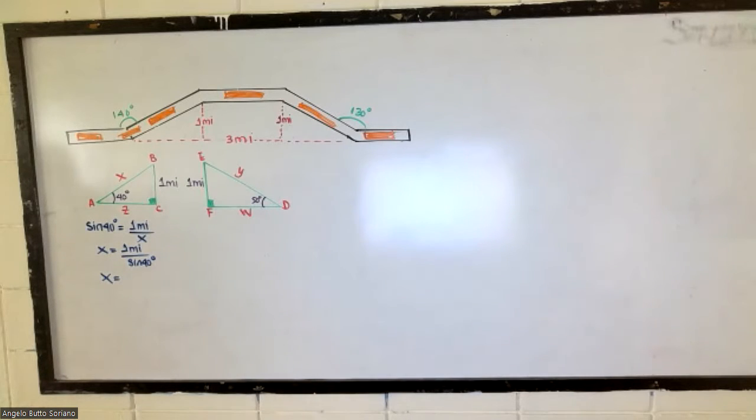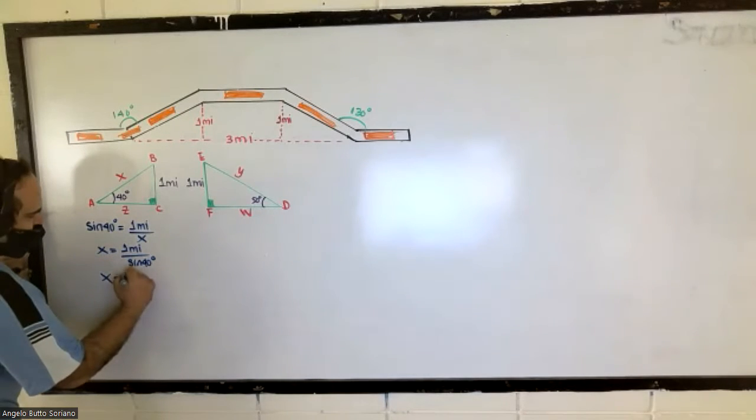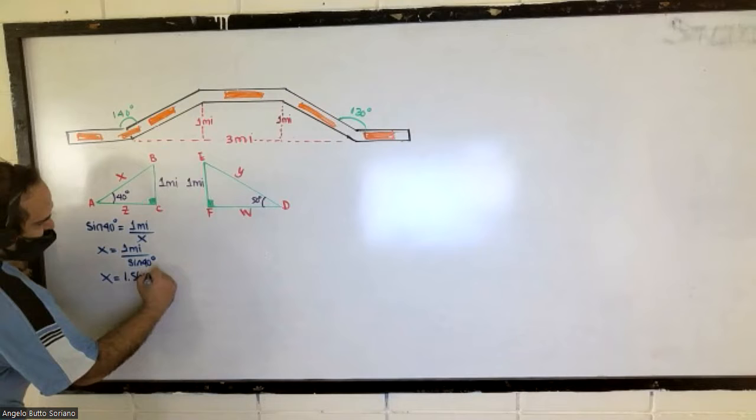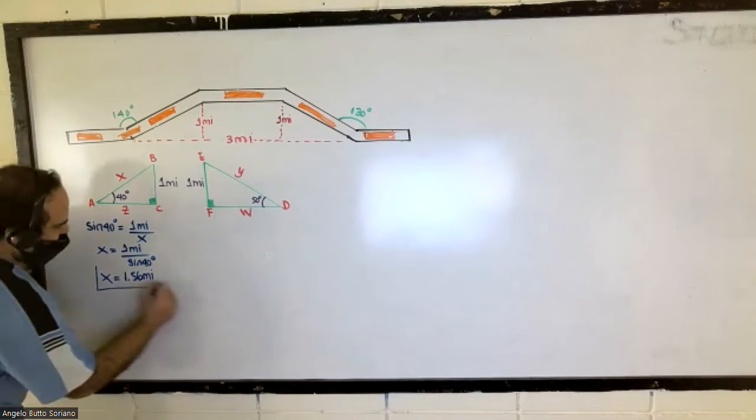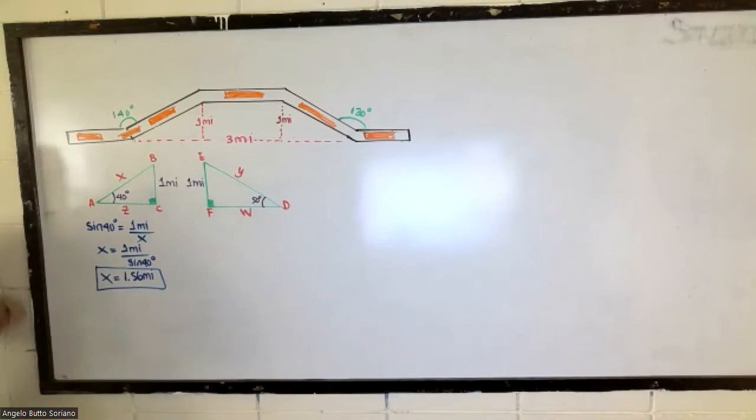Remember, the calculator must be set up in degrees, okay? 1 over sine 40. That was 1.56, right? 1.56 miles. This is the first answer of this variable.